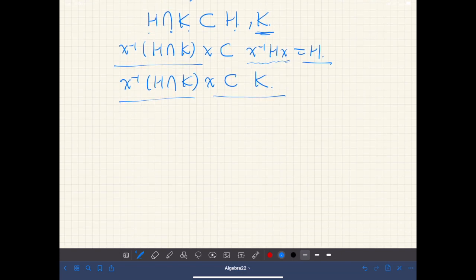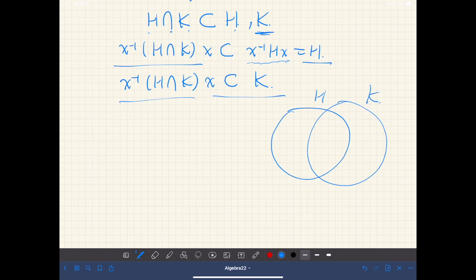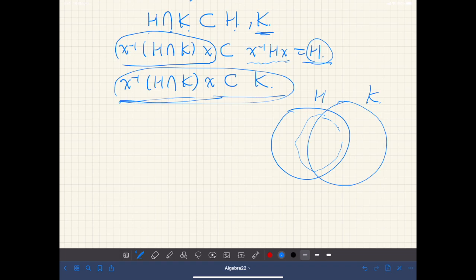So what this means is, if we have H and we have K, this thing is completely included in H. So something like this, say. So there's nothing outside of H, okay? But this one says this thing is completely included in K. But since it doesn't go out of H, it should stay here. So there is no such part as this one.